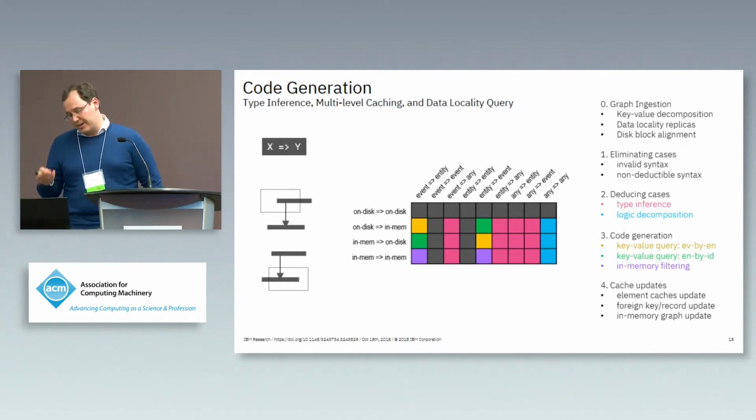So there are queries to optimize for temporal locality when you get event by an entity, or they're the ones optimized by space locality, topological locality, entity by ID, or if you have things cached in memory, then you just process things in memory. I already talked about the graph ingestion part. It's important to notice that we keep things aligned in disk, so that usually when you fetch the blocks, they're all consecutive blocks, and as well like for pages in memory.